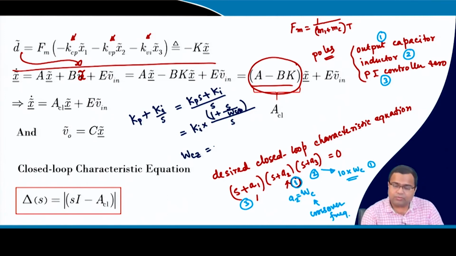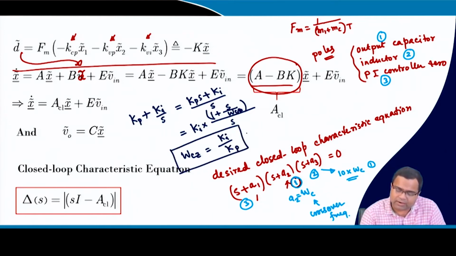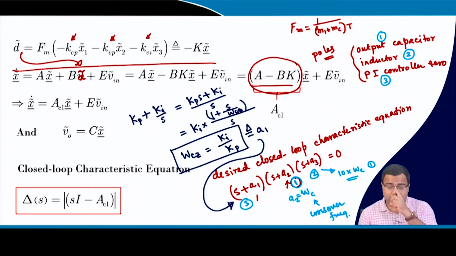Because we are taking Ki by Kp, which I have called here A1. So, if we choose Kp by Ki to be something, then we can place it.